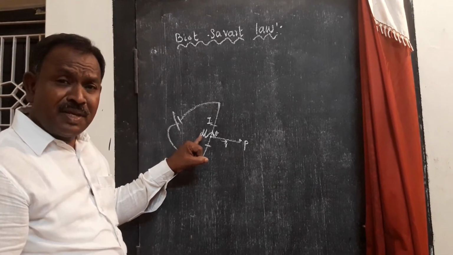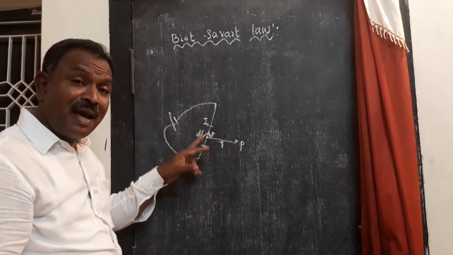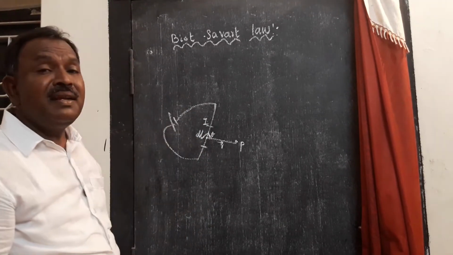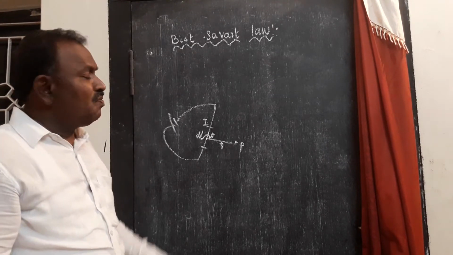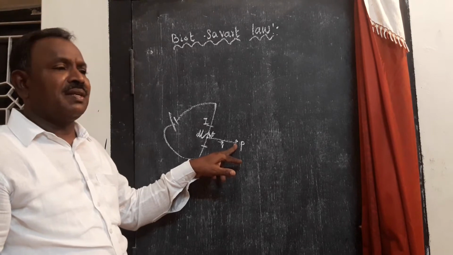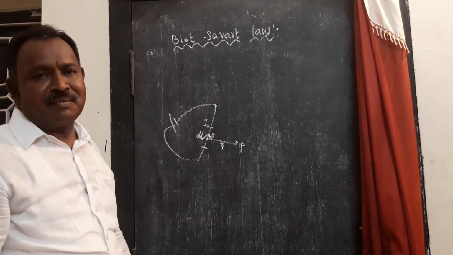The length of the element dl is also a scalar. Since we are taking the direction of the flow of current into account, this I dl is called the current element and it is a vector quantity. So we are going to find the magnetic induction due to this current element I dl.